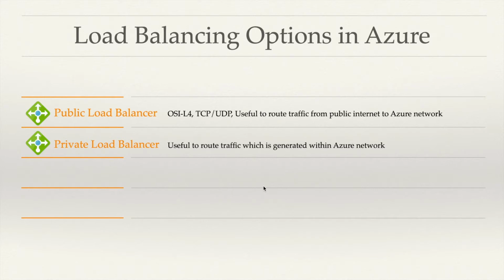Now if I want to distribute traffic from my web subnet to the data subnet, and I want to make sure any request which is being sent from my web tier or my web application tier to the service tier, or from service tier to the database tier, goes via the load balancer, then I need to make sure that I have the load balancer services in place so that it distributes the traffic.